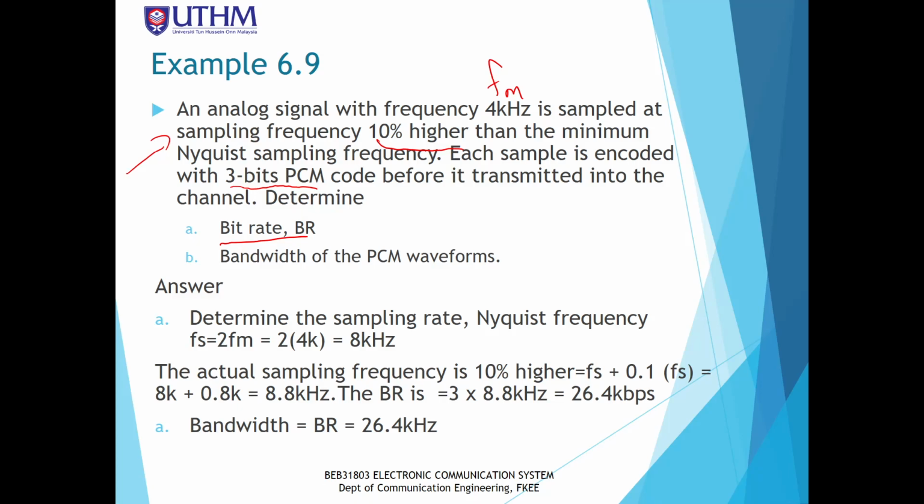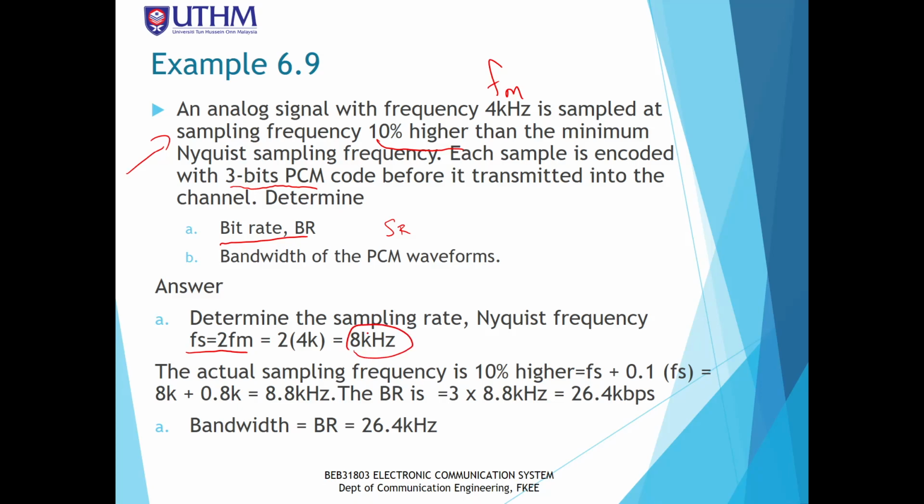In order to determine the bit rate, first of all, you need to find the sampling rate. According to the Nyquist theorem, the minimum sampling rate is 2 Fm. First we determine the minimum sampling rate according to Nyquist: Fs is equal to 2 Fm, which is 8 kilohertz.